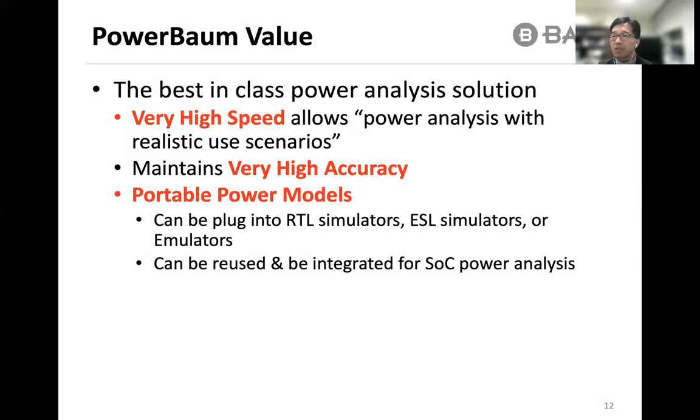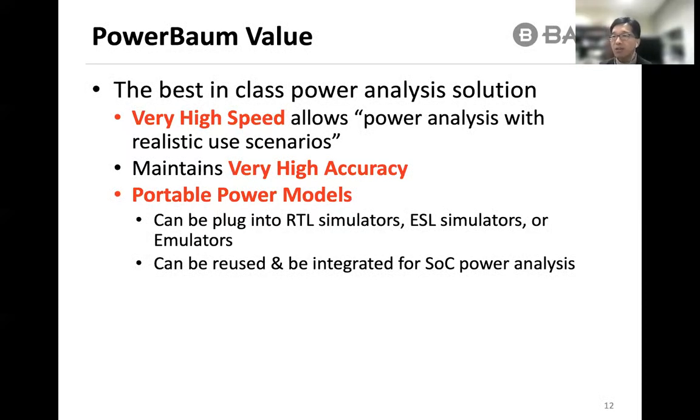With this simple presentation, I would like to introduce Baum, which is the best in power analysis solutions. It is very fast because analysis is done with high-level simulators, such as an RTL simulator or emulator.